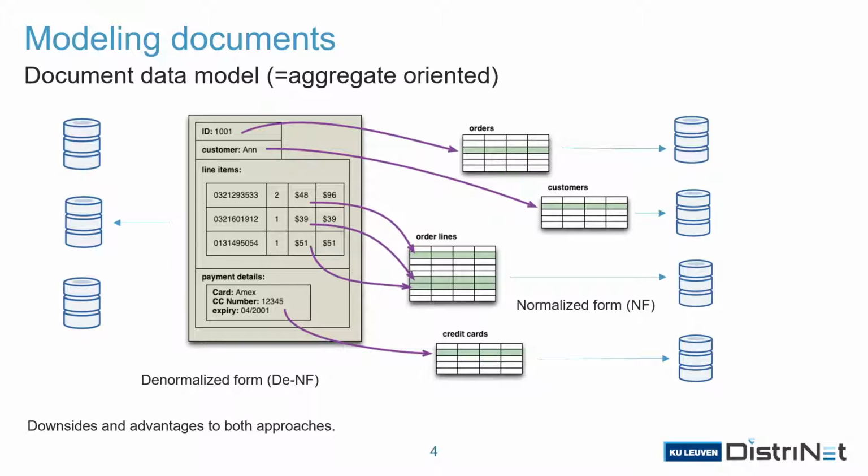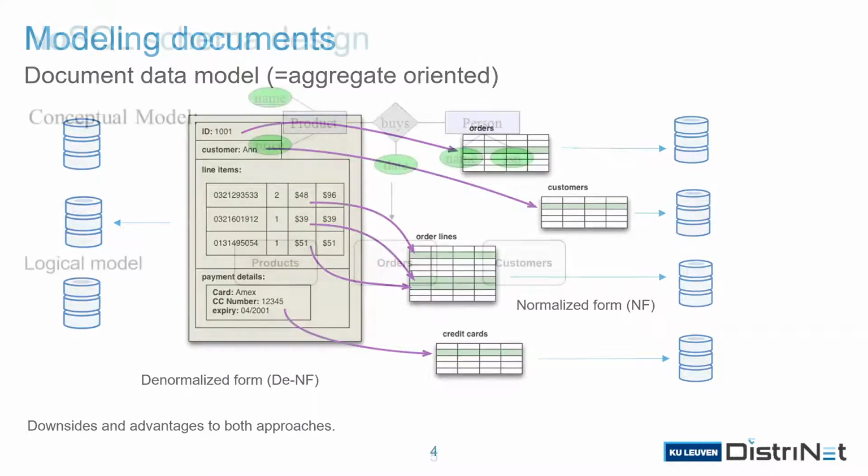But of course, there is a middle ground that can be found between both approaches here. Some fast reads at the expense of slightly more data redundancy would be ideal, but for finding this middle ground of somewhat normalized and somewhat denormalized, there are basically no guidelines, or well, there are some guidelines, but it's really hard to choose the right solution, the right schema.